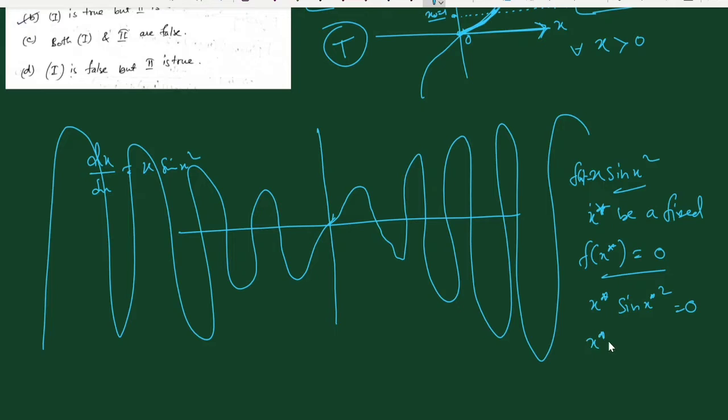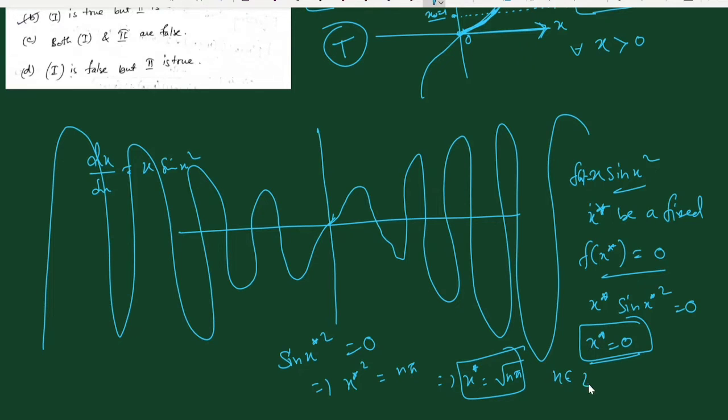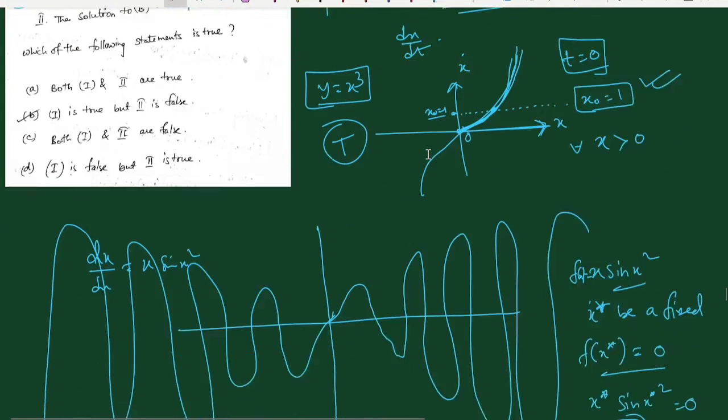So x* equal to 0 is one fixed point, and another is sin(x*²) equal to 0, that means x*² equal to nπ, so x* equal to root under nπ, where n belongs to Z⁺ because this is the real solution. If we take negative values of n, it would be a complex number, but we are interested here only in the real solutions.